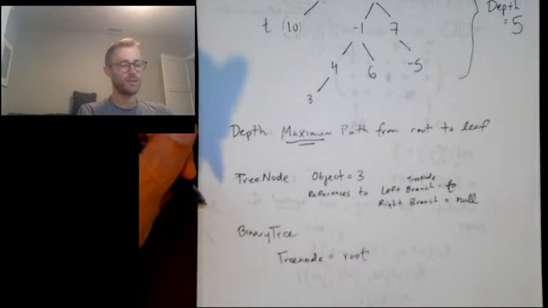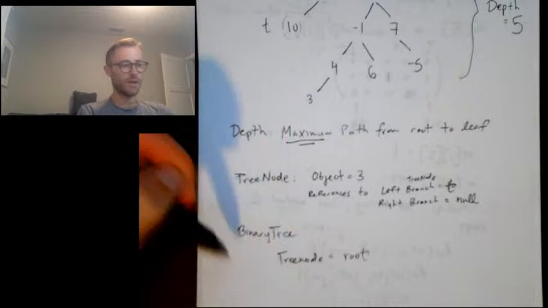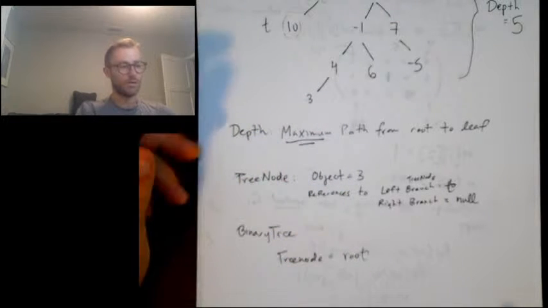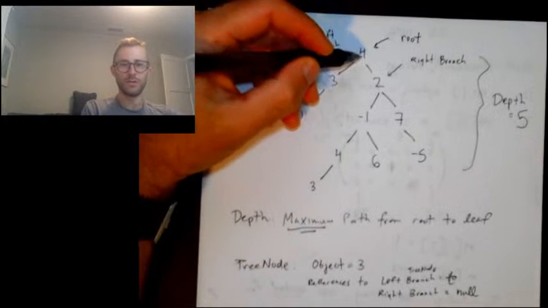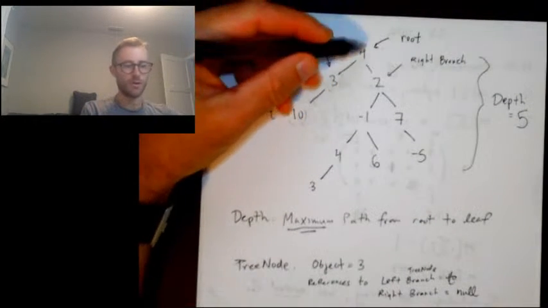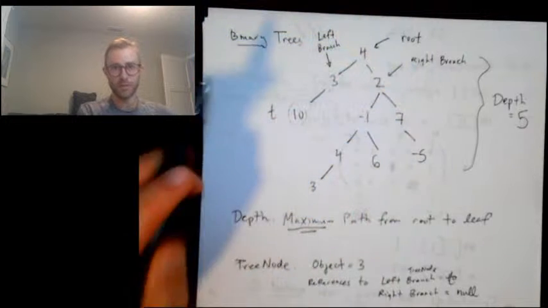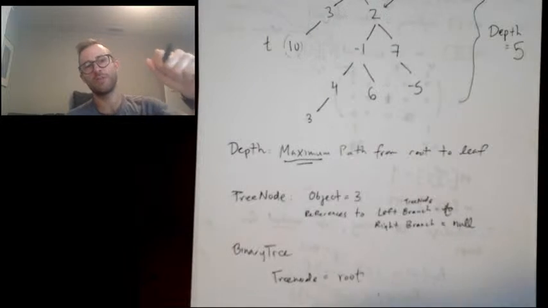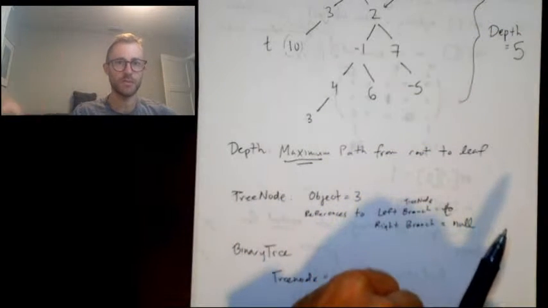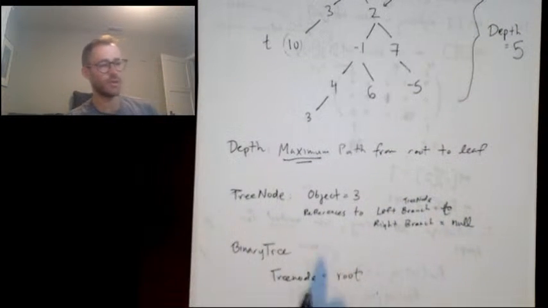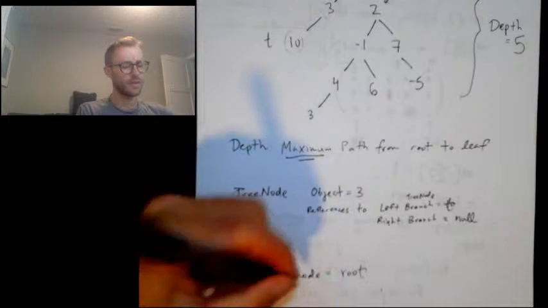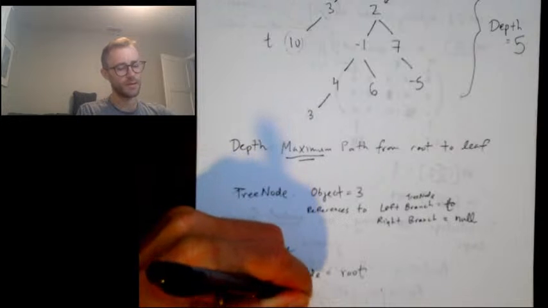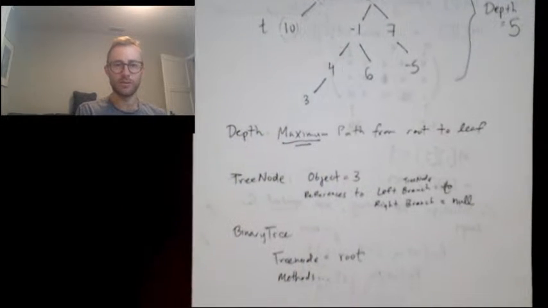Basically, in the binary tree class you only have where the root is, and then you just follow the root down the tree wherever you want to go. Kind of like a linked list, where you might just have the head of the list and you have to follow it all the way down. Same thing with a binary tree. So you just have the root stored in there, and then you have any methods that you want to include.